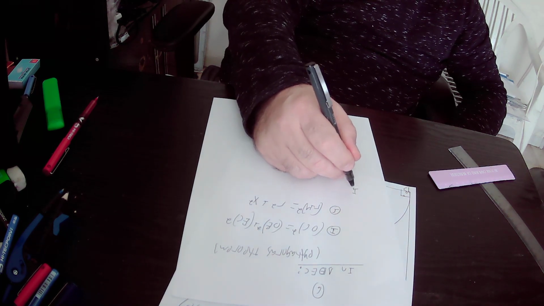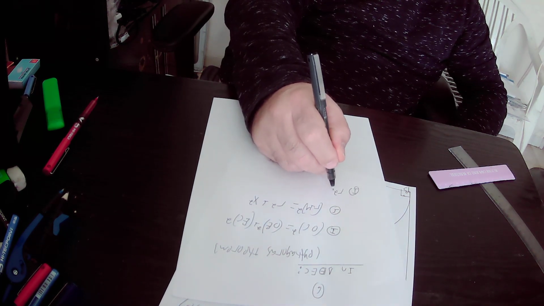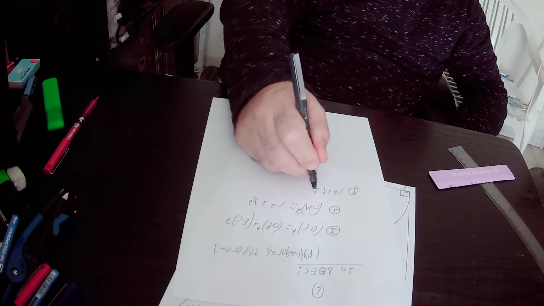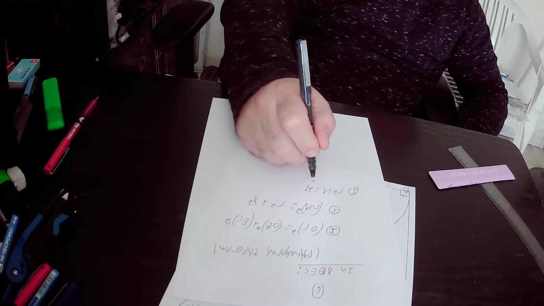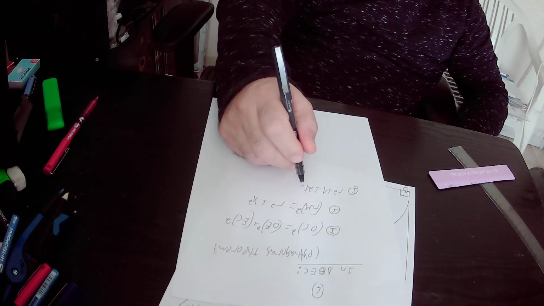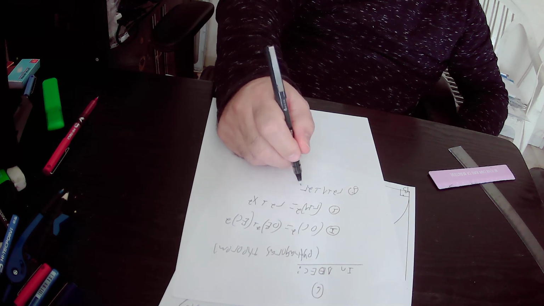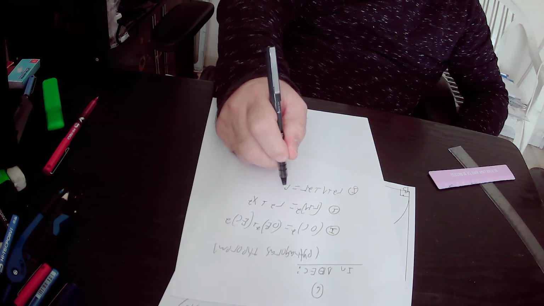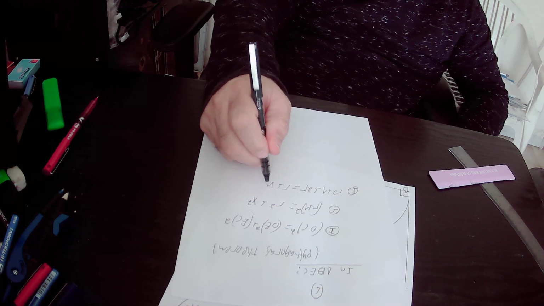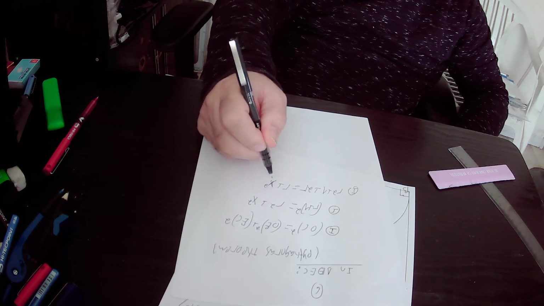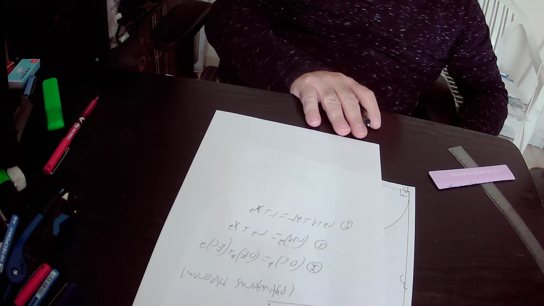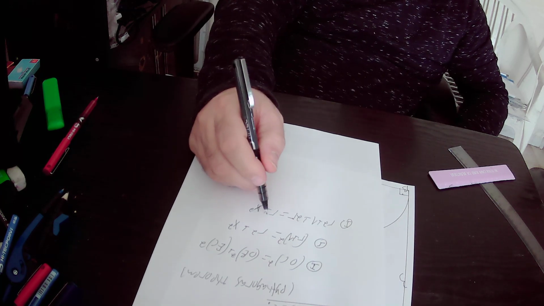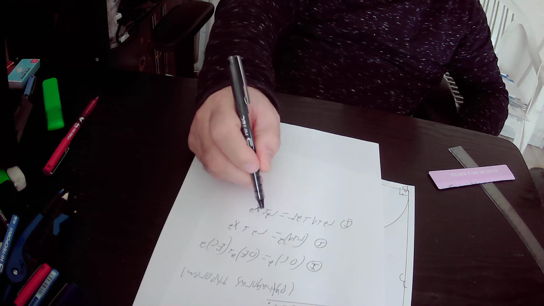Here we will open the brackets on this side of equation number 1. (R plus 1) square is R square plus 1 plus 2R, according to the identity that (A plus B) square equals A square plus B square plus 2 times AB, and all equals R square plus x square.